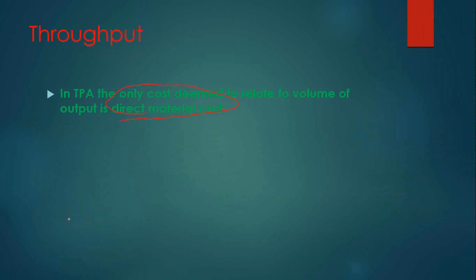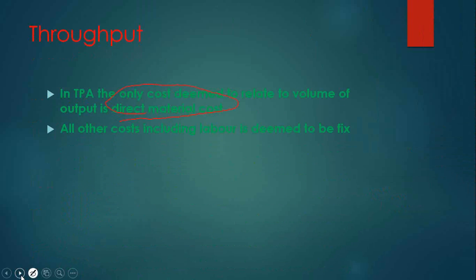Others are not considered as having anything to do with your value addition. You can spend on labor and operating expenses, but it is not going to add to the throughput. So the only cost considered is the direct material cost.